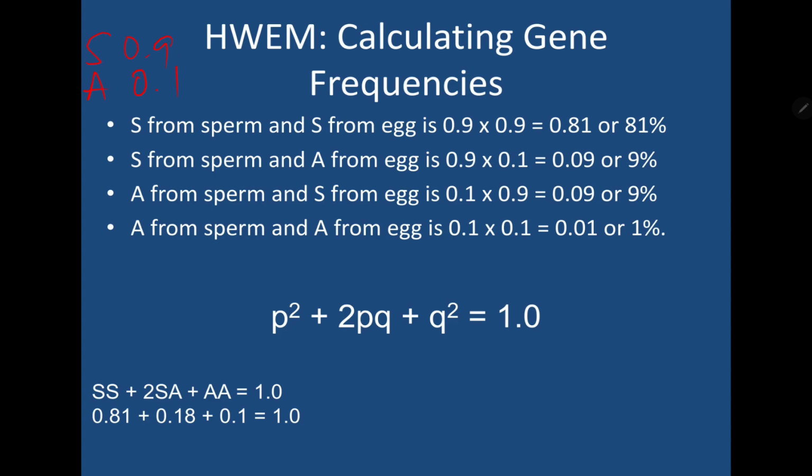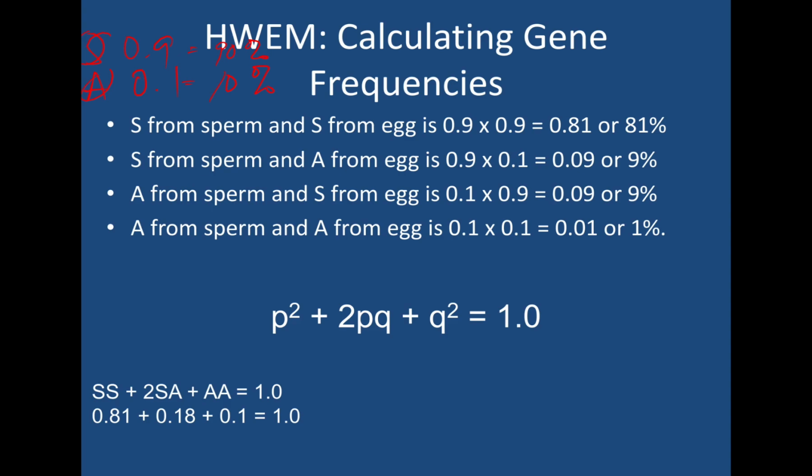By the way, what do these numbers mean? We have 0.9 and 0.1, so this is 90% and this is 10%. This means that 90% of eggs and sperm carry the S allele, and 10% of eggs and sperm carry the A allele. Now, again, the Hardy-Weinberg equilibrium model assumes random mating.